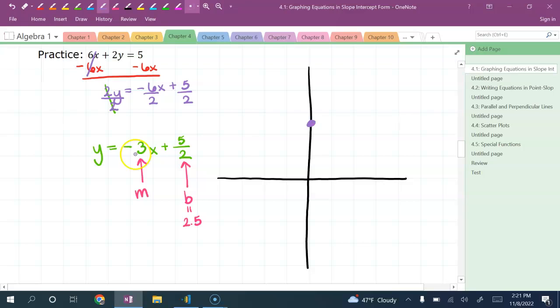Now my slope is this -3, which would be -3 over a 1 if I wrote that as a fraction. So from 2.5, I'm going to go down 3 and right 1. Down 3 more and right 1 again. Now all of those points are going to be halfway between squares because my starting point was halfway between squares on the y-axis.